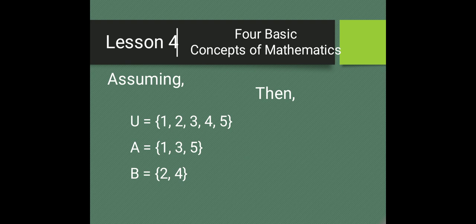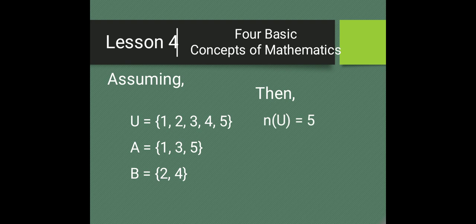Okay. Now, we have this one. Kung hahanapin natin yung cardinality ng universal set, ica-count lang natin yung elements, we have 1, 2, 3, 4, and 5. So the cardinality of the universal set is 5.